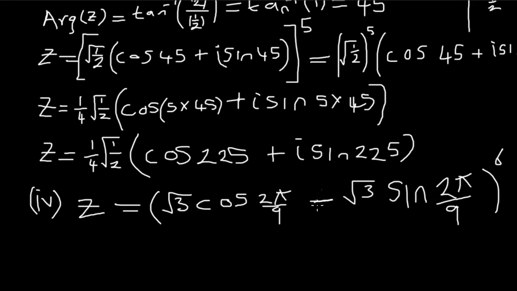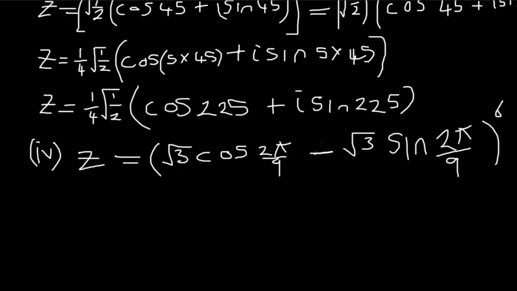So same thing, the same principles apply. First of all, you can factor out this root 3 here, or if you don't want to factor it out, you can leave it like this and just say z is equal to the square root of 3 to the power 6. Or maybe let's just factorize it out.